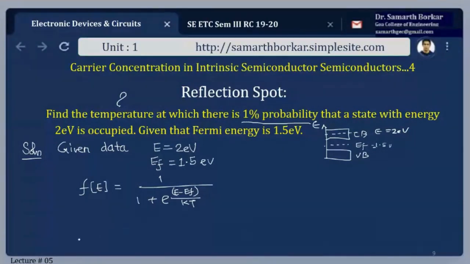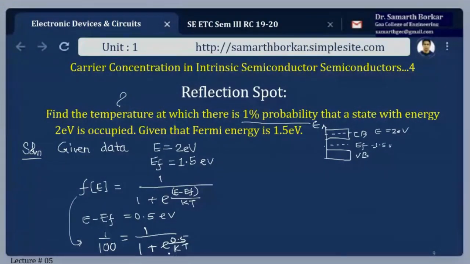So substitute. I'll just run through this problem. E minus EF will be equal to 0.5 electron volt. Then f of E is 1%. So from here it is 1 by 100 equals 1 upon 1 plus e raised to 0.5 divided by kT. Then just simplify this. I take here e raised to 0.5 divided by kT equals 0.99 by 0.01, which is equal to 99.